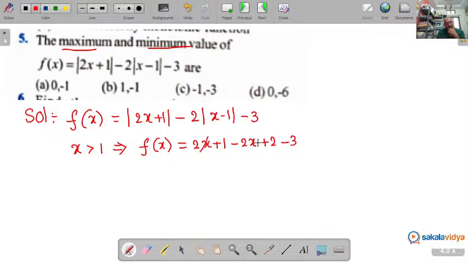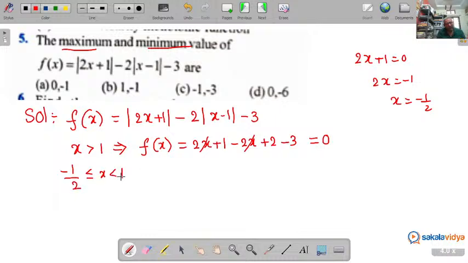So 2x gets cancelled, so 0 when x greater than 1. So when you consider 2x plus 1 is equal to 0 means 2x is equal to negative 1, x is equal to minus 1 upon 2. Now consider the interval minus 1 by 2 less than or equal to x, x less than 1. In this case 2x plus 1 is greater than 0.